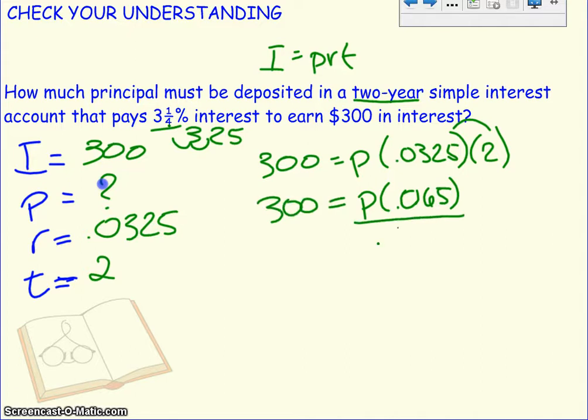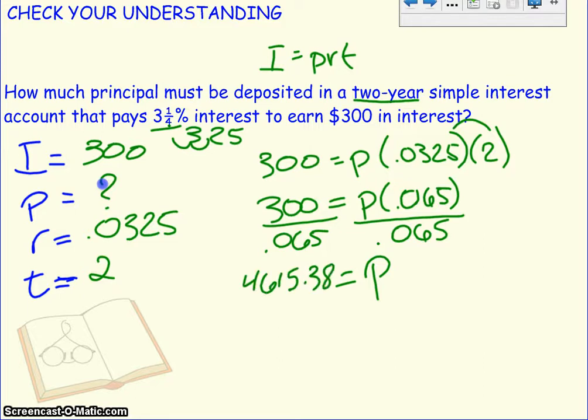If I divide both sides by the 0.065, I get that the principal here is $4,615.38. So that's my principal value.